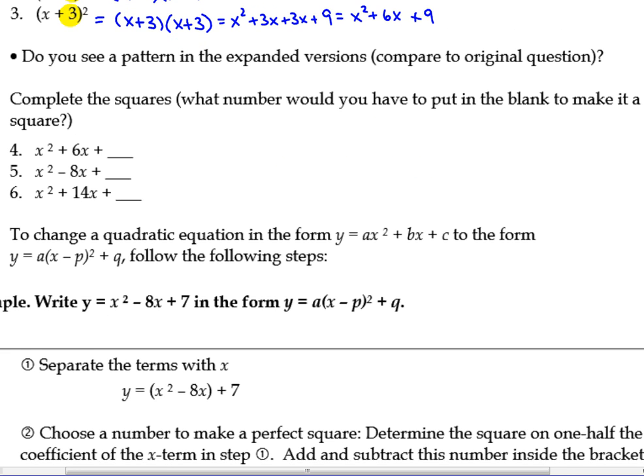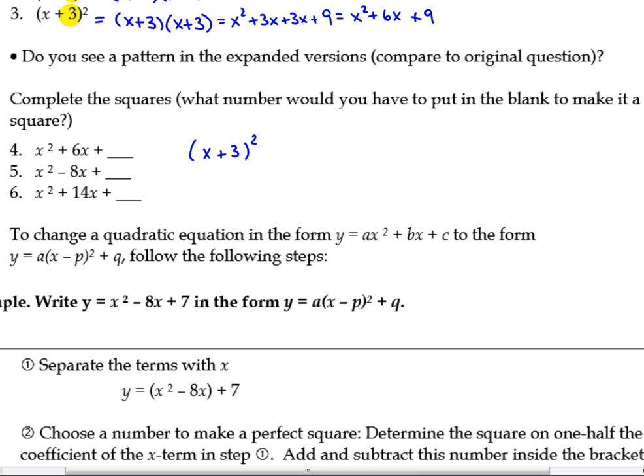Okay, so if this initially was a perfect square, it had to have been x plus what squared? Any guesses? 3. Remember, the middle term was doubled.